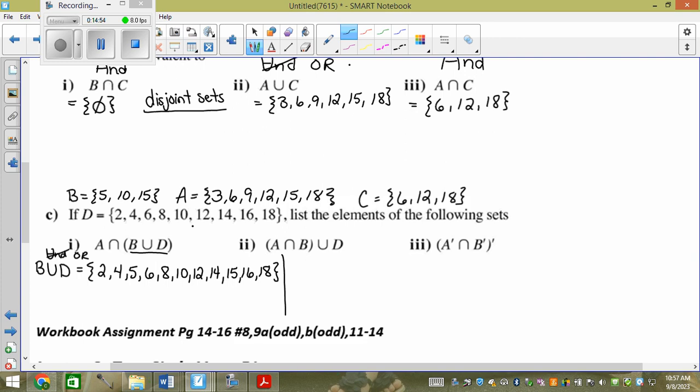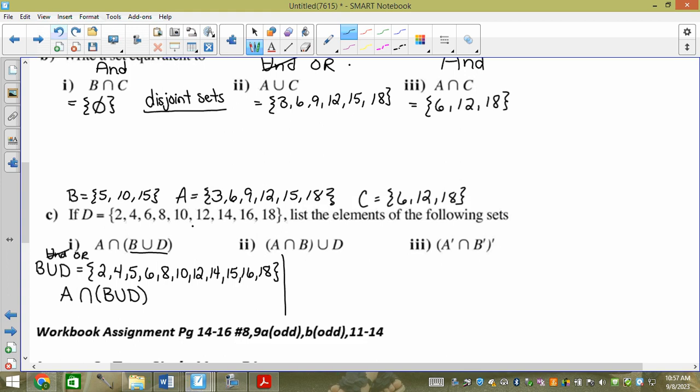But now I have to do A and B or D. So I need to know what's in A and in the B or D. So all I do now is I go look at A. Oh no, that's disappointing. Didn't know I had an eraser there. So I look at everything in A, and I look at everything in B or D, and I list what's in what?